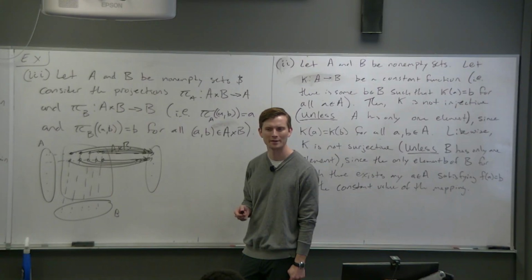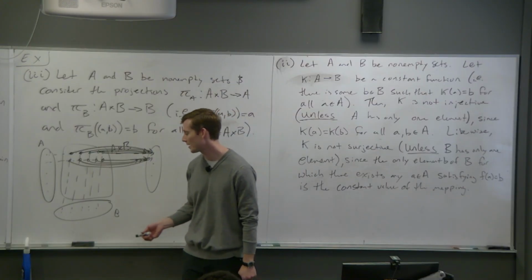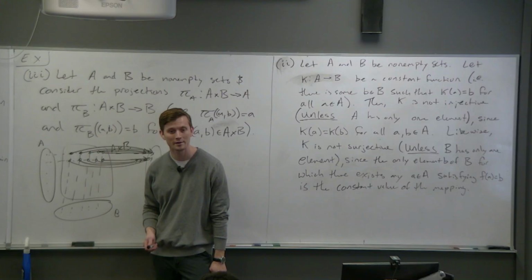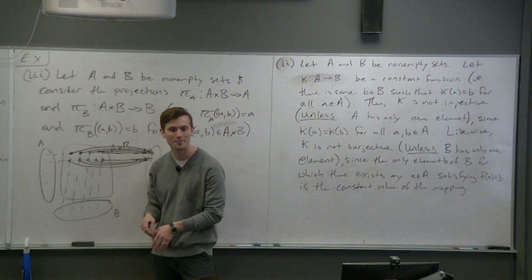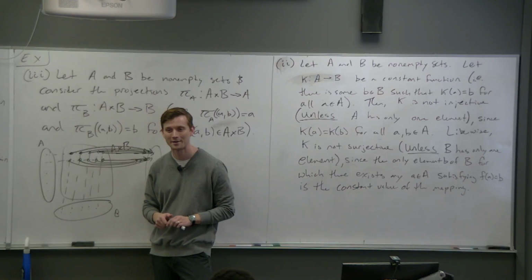Is there anything in A that doesn't get hit? Yeah, indeed. For every A in A, pick any element of B. Then that A and whatever B you choose gets mapped to that A by the projection, yeah? So, surjective, yes.